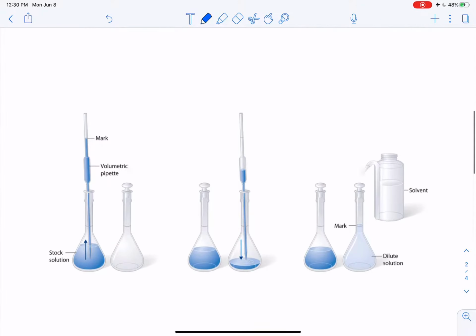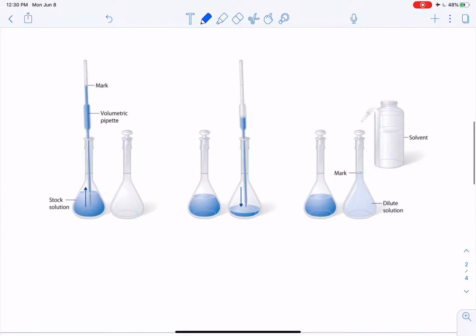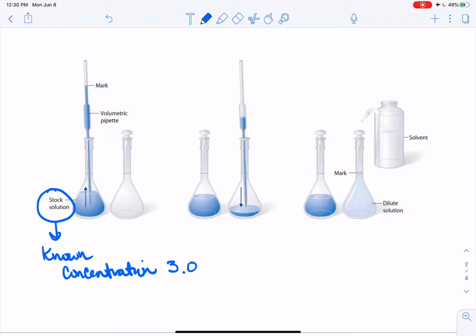Now, how do we do a dilution? Well, we're going to have a concentrated solution, and quite often it's called our stock solution. And the stock solution is going to have a known concentration. So maybe we have something like 3 molar or 1 molar or 6 molar.